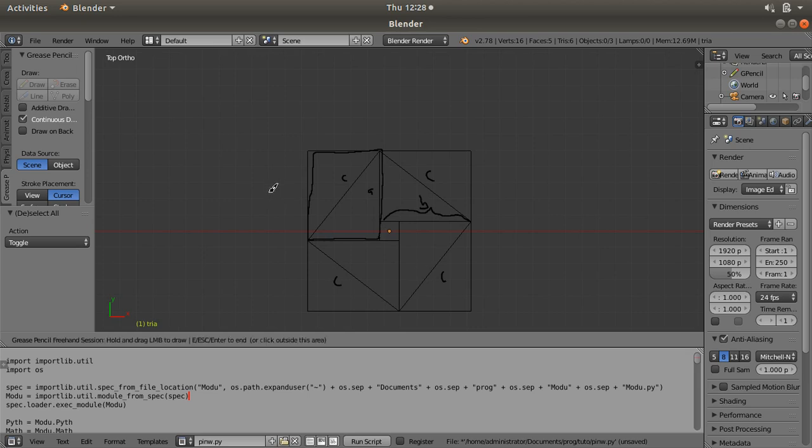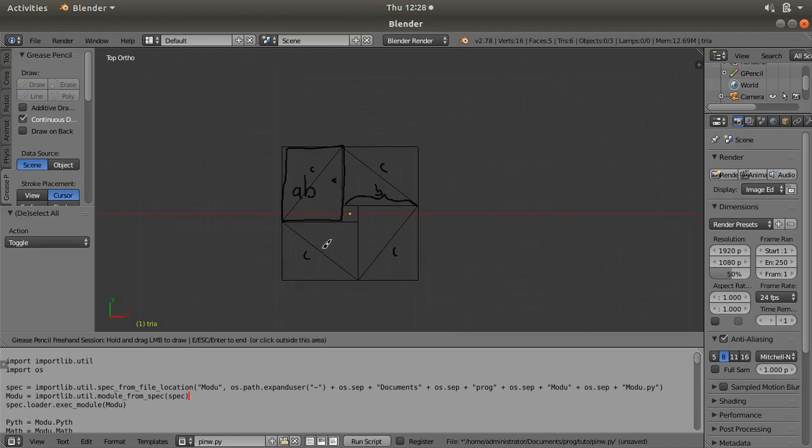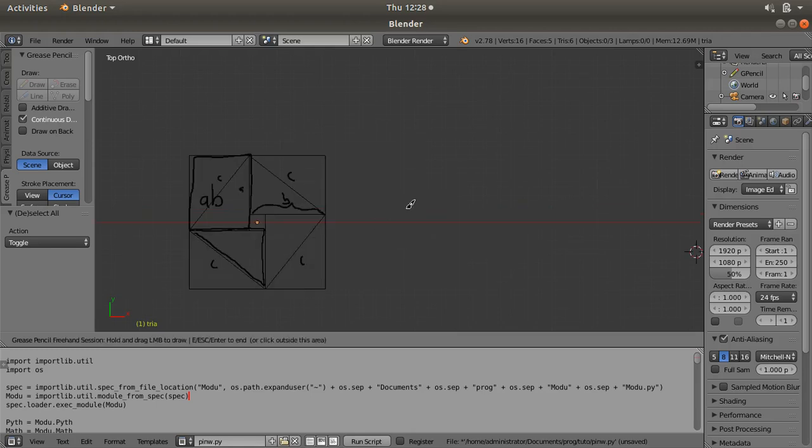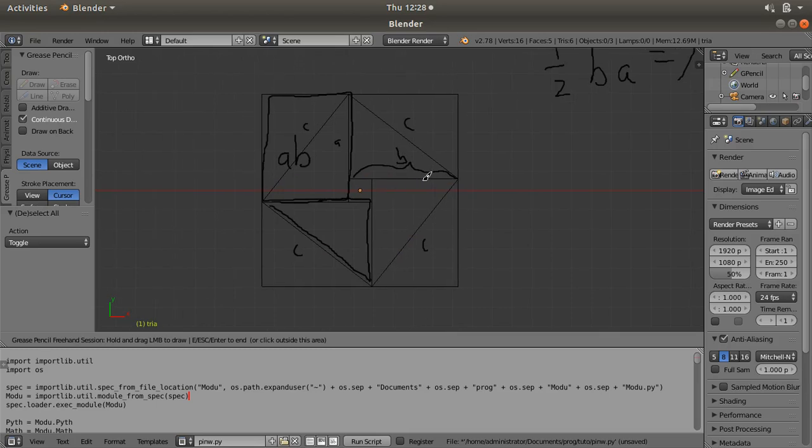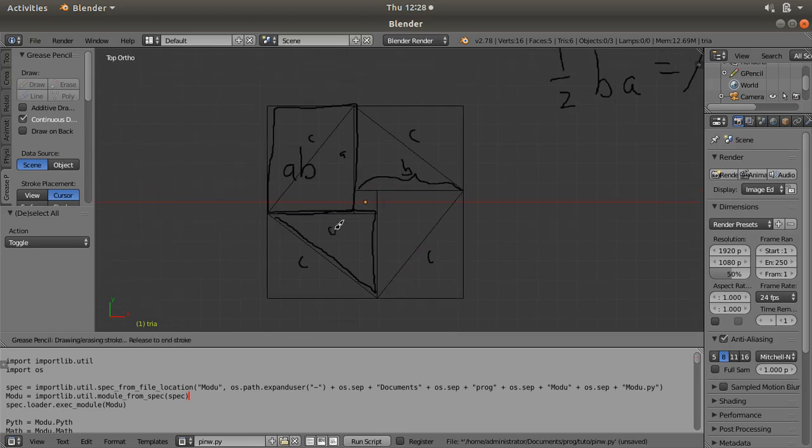Each one is equal to AB. So each one of these smaller triangles uses the formula for area of a triangle that you learned in algebra class. So each of these is AB over 2.